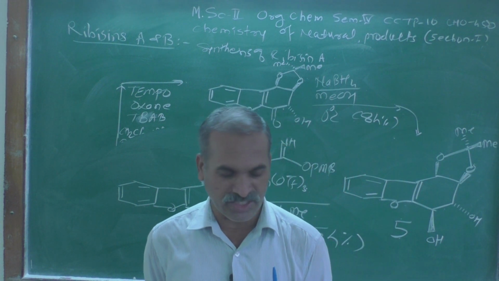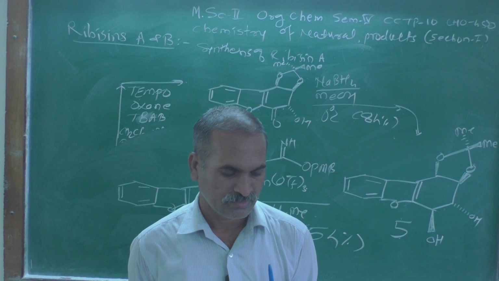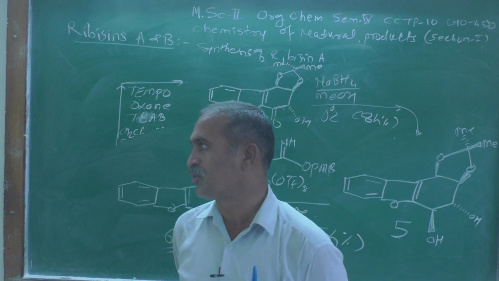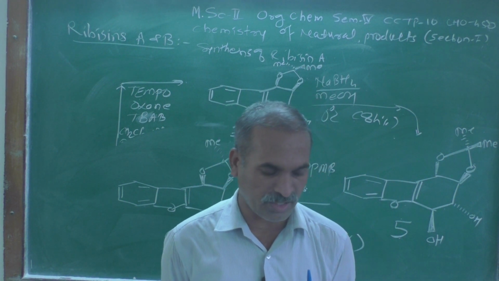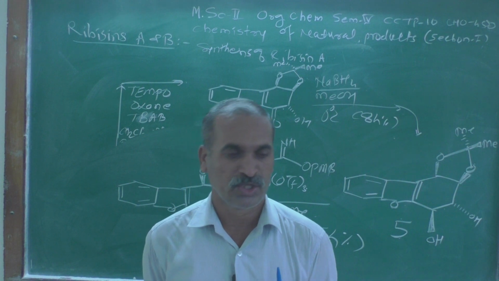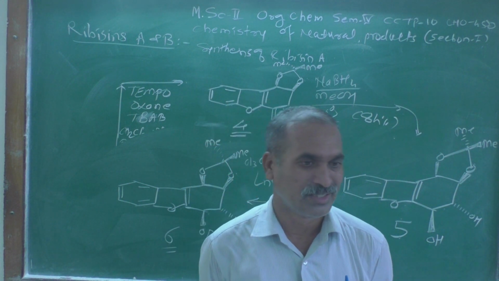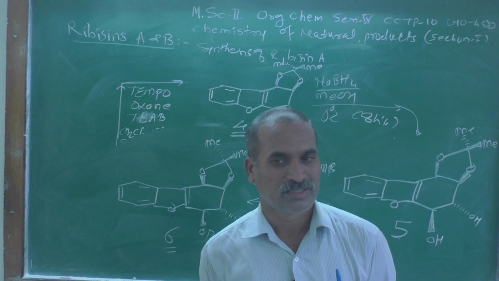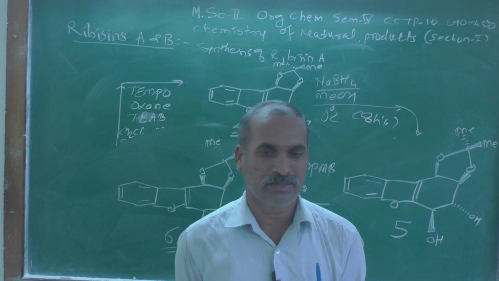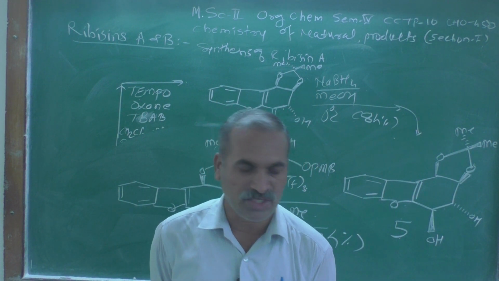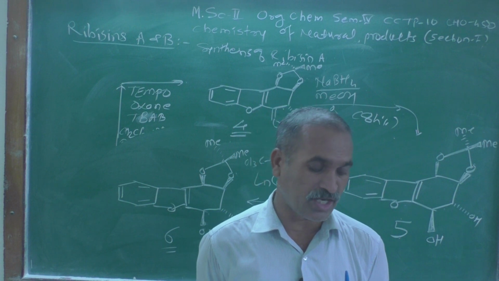we can oxidize the hydroxyl group which is nearer to the carbon-carbon double bond, so that we will get the stable moiety, which is alpha beta unsaturated carbonyl group.